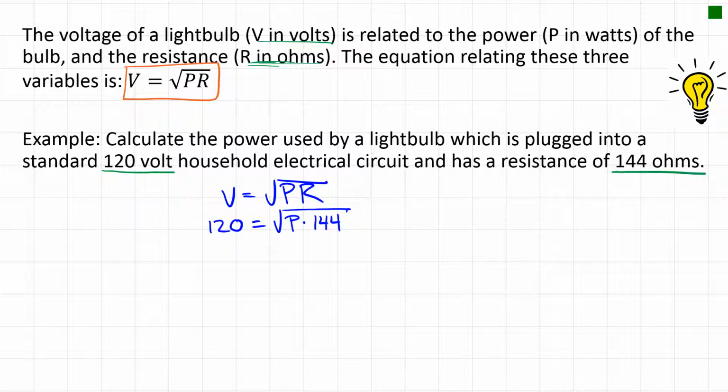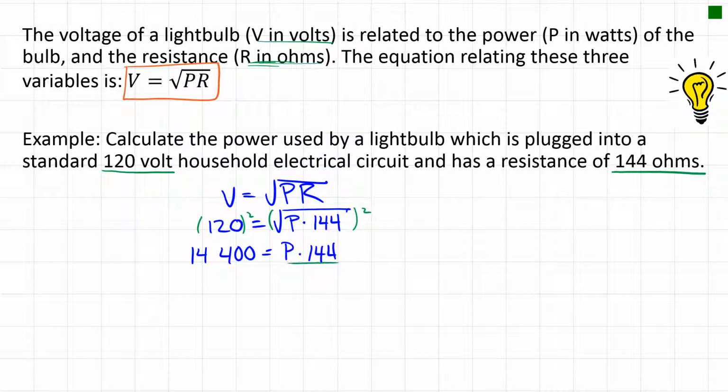To do that, I will start by squaring each side. And I'll have 120 squared, which I definitely need to do in my calculator. And when I do that, I get 14,400 is equal to P times 144.